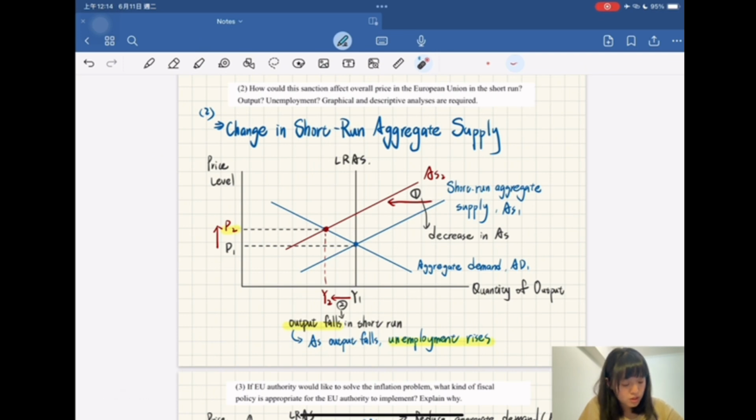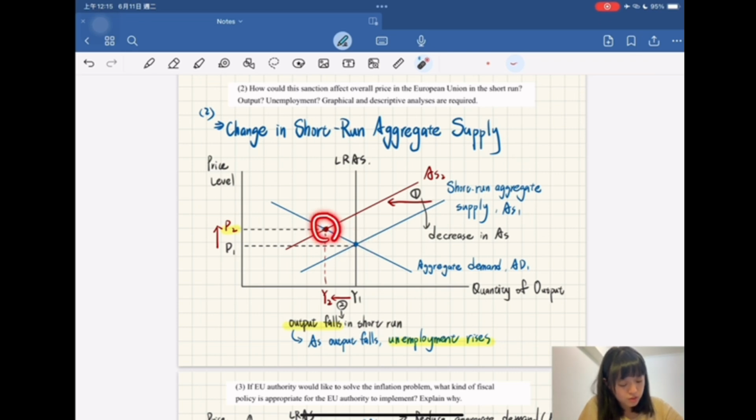The horizontal axis is the quantity of output, and the vertical axis is the price level. So first, because of the ban, there is a decrease in the aggregate supply. This is aggregate supply 1, and the supply curve shifts left and becomes aggregate supply curve 2. So the equilibrium moves from here to here.